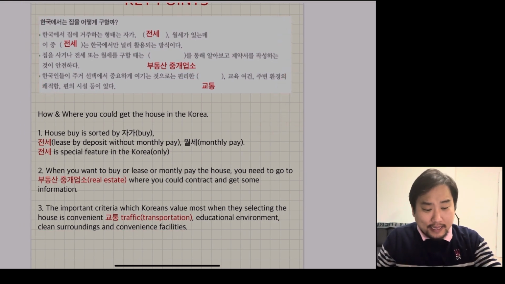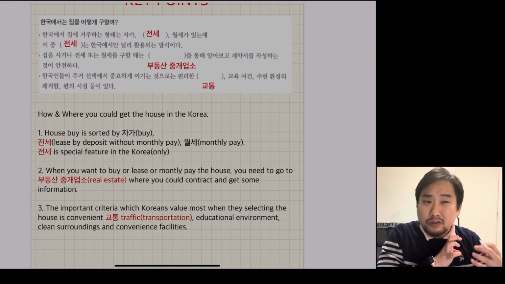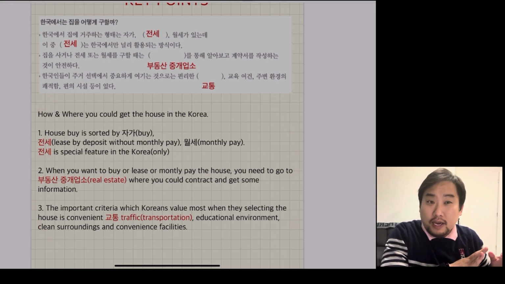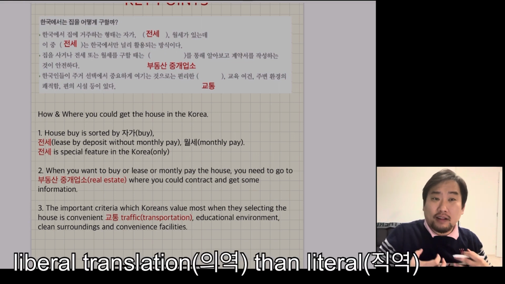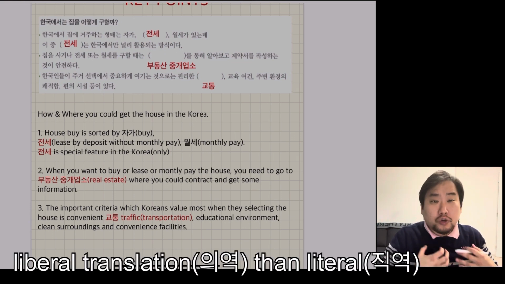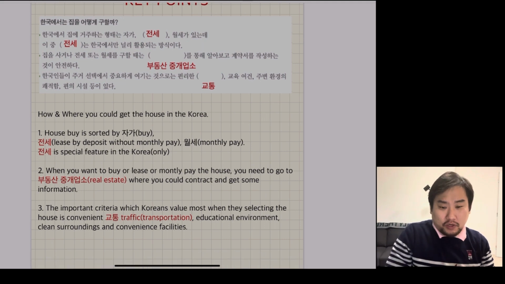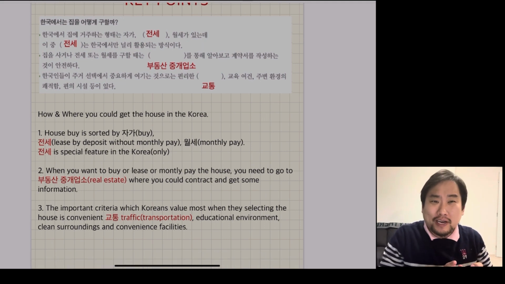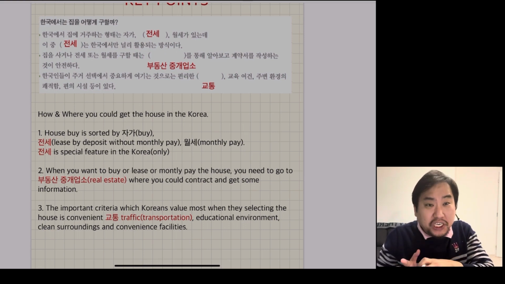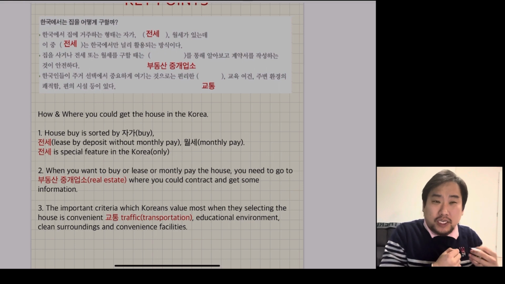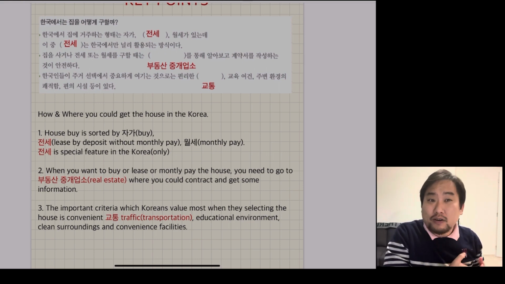Here, rather than translating literally, I translate freely. It means I make a liberal translation for you guys to understand it. Some of you already know that my English translation is slightly different from the literal translation. But here, I want to check that you understand your background knowledge.